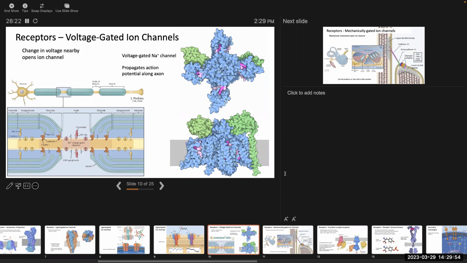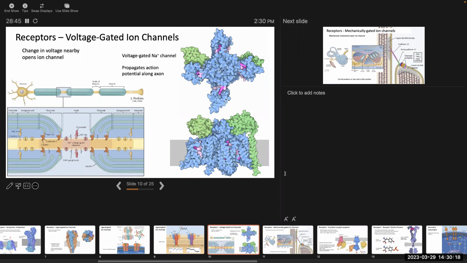This is an example of another category of receptors known as a voltage-gated ion channel. So if we dissect the name again, it's an ion channel. So somehow this molecule opens up and allows ions to flow into a cell. But instead of being triggered by a ligand, this is triggered by voltage.